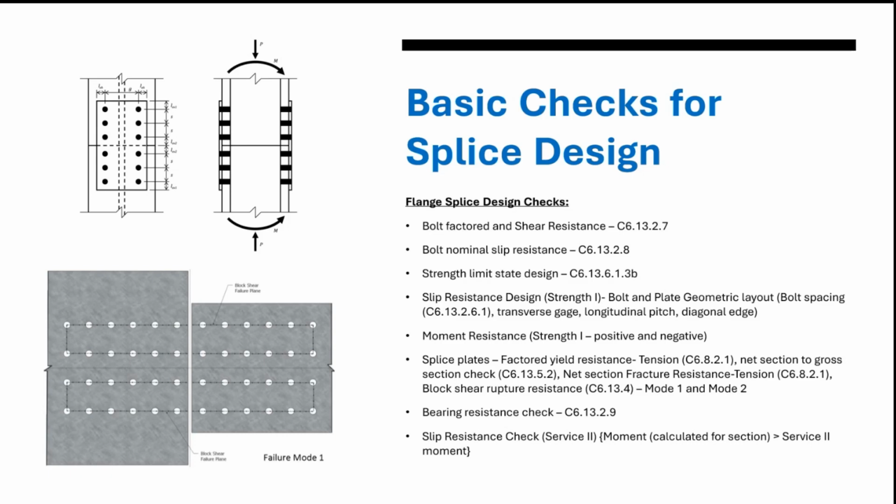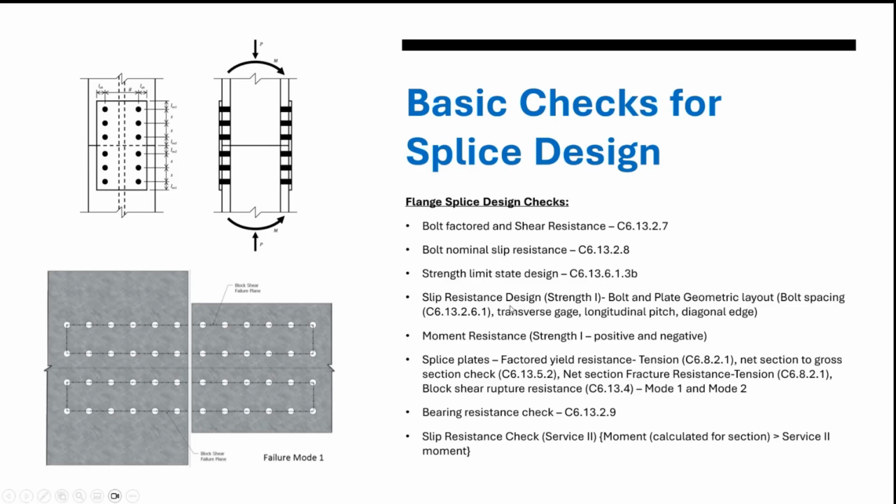The bolt shear strength should be greater than the applied shear demand that we have, and the bolt nominal slip resistance as per the Service II load combination checks slip resistance and prevents relative movement between the flange and the splice plates. And the strength limit state design is the ultimate strength check for the connection, which ensures that bolts and plates don't fail under the factored ultimate loads.